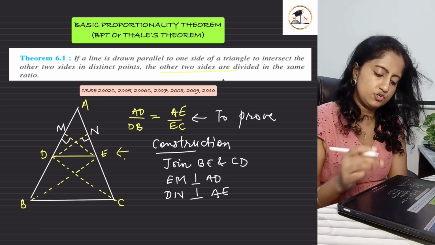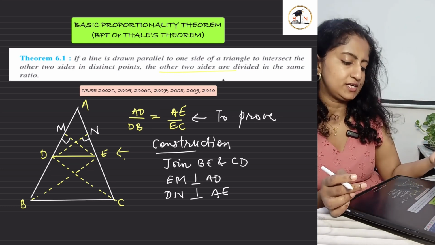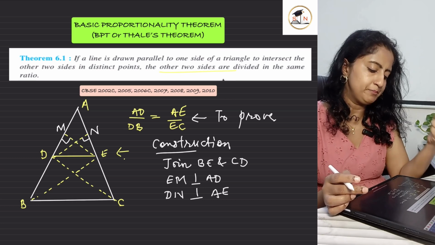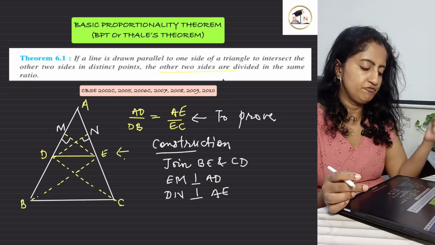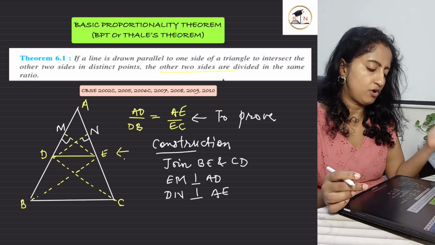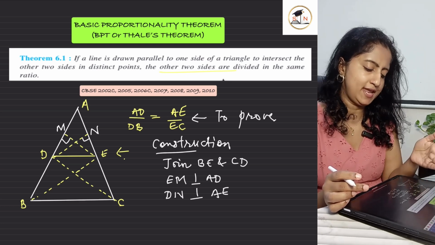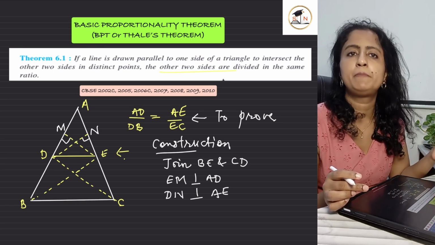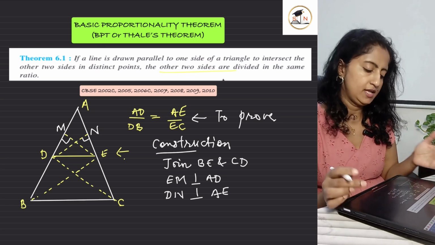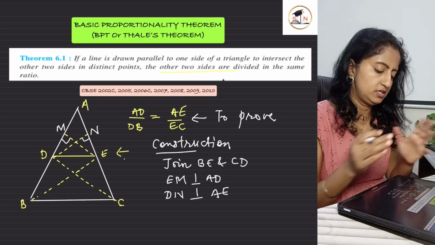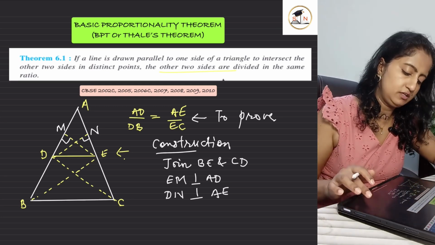So we have drawn four extra lines. First, we joined BE and CD, and then we drew two perpendiculars, DN being perpendicular to AE and EM being perpendicular to AD, because they are going to be used. Now, let's start with the proof.